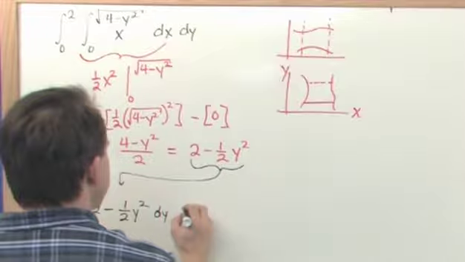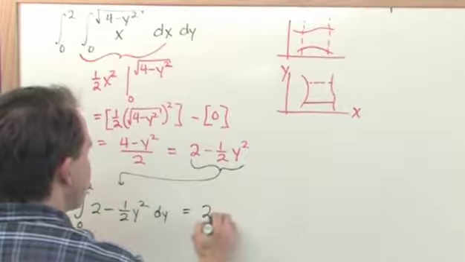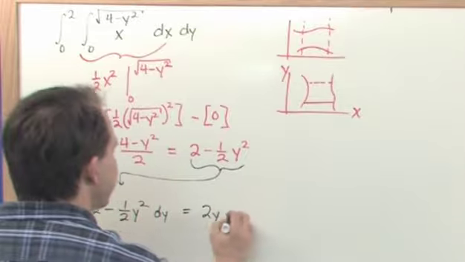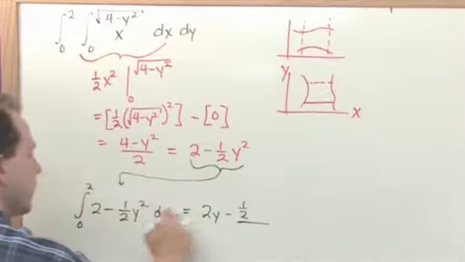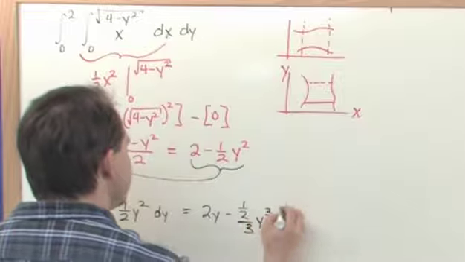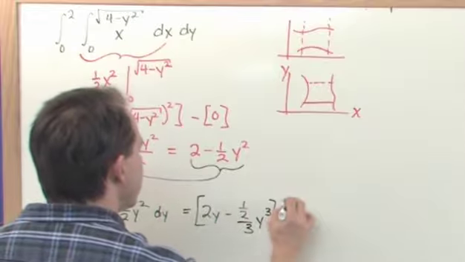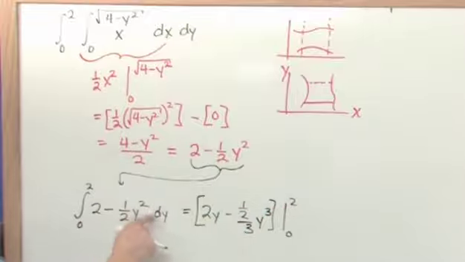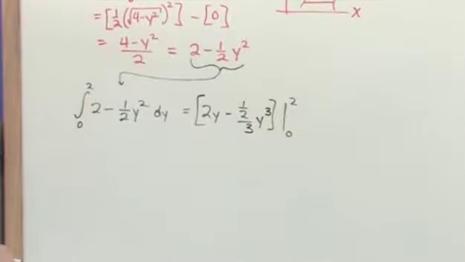Okay? And I can evaluate that by integrating this first thing, which is going to be 2y, and the second thing as 1/2, which is the coefficient, over the exponent plus 1, which is 3, times y cubed, evaluated from 0 to 2. So it's just the first thing integrated here, so you're going to get 2y, and then this is just the coefficient over the exponent plus 1 times y to the exponent plus 1.